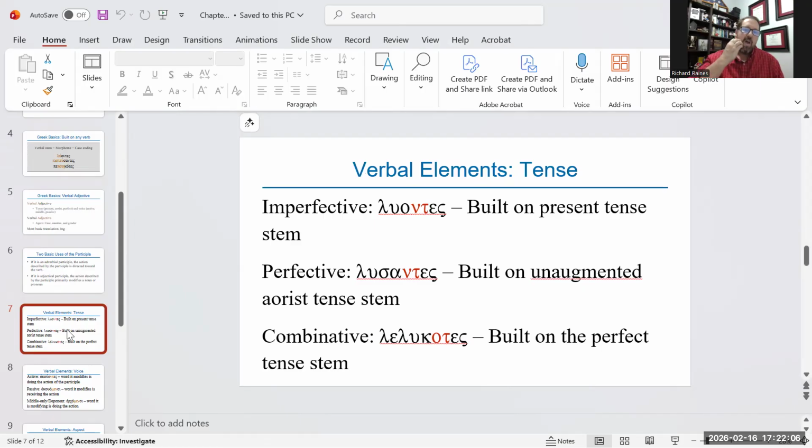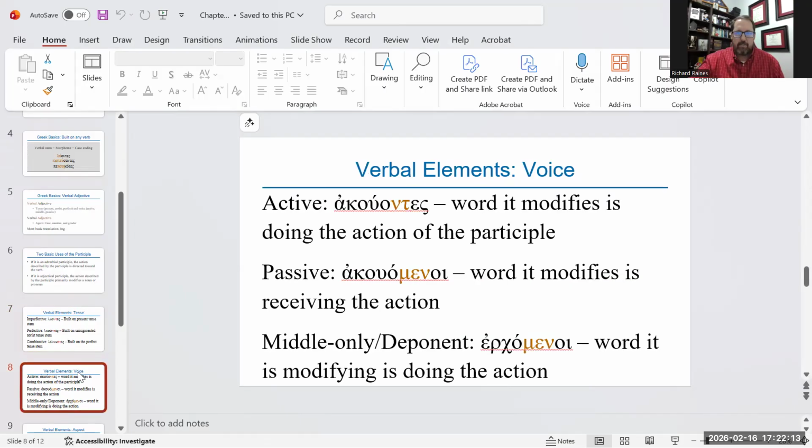So these are all built on the verbal tenses. And then you've got voice, right? Active, passive, middle, because you have verbs, you have present, aorist, and then you have the active, passive, or middle.